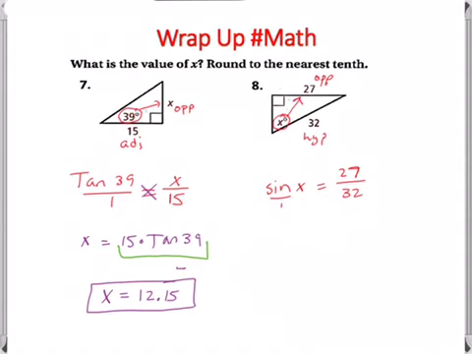Well, we're looking for an angle measure, so we use the inverse. So that means x is going to equal the sine inverse of 27 over 32. So when we plug this into our calculator, we should get the angle measure for x to equal 57.5 degrees.